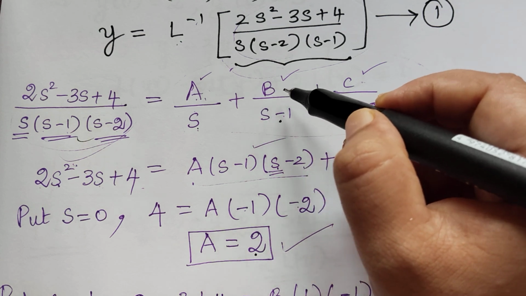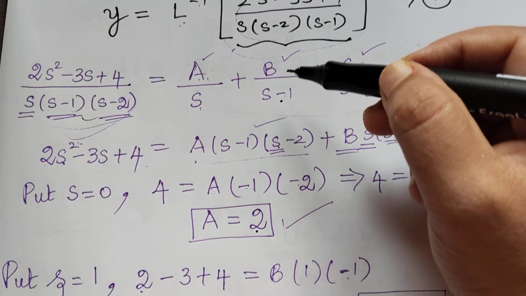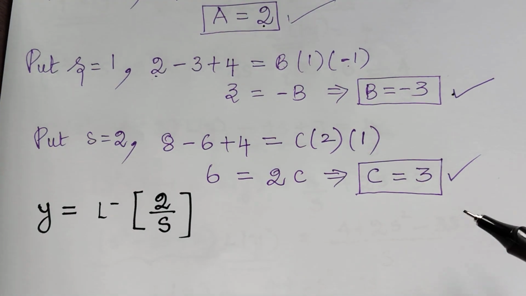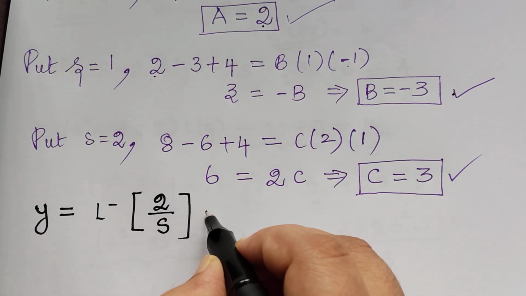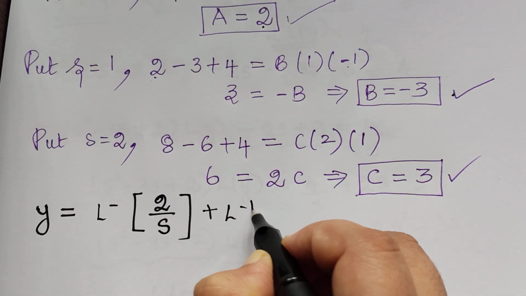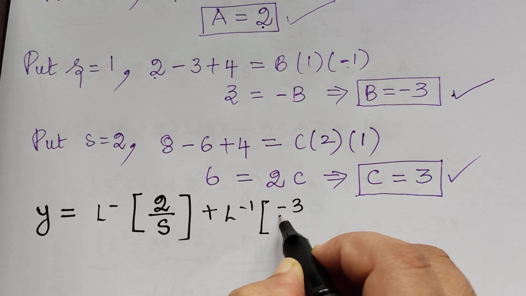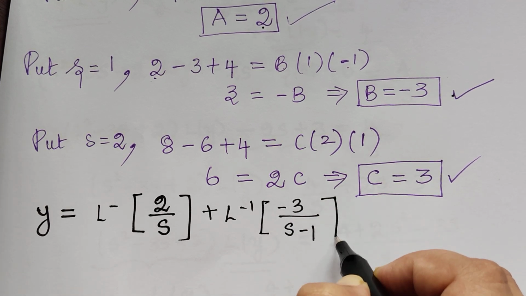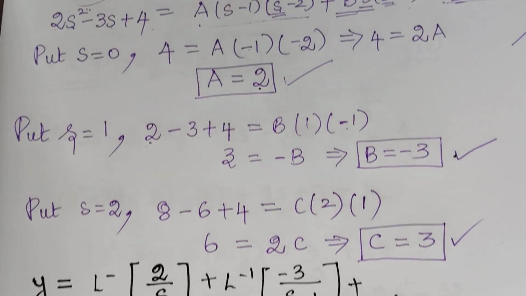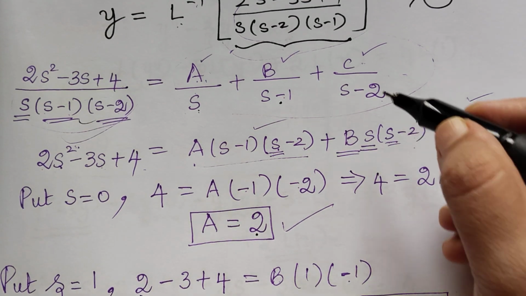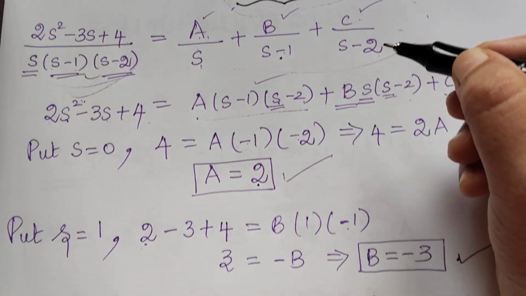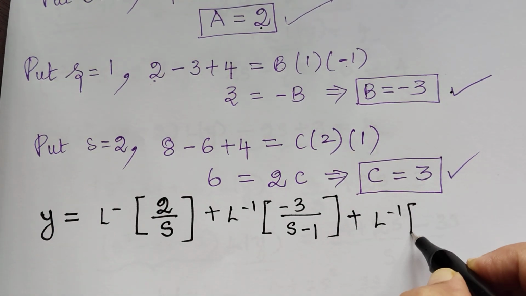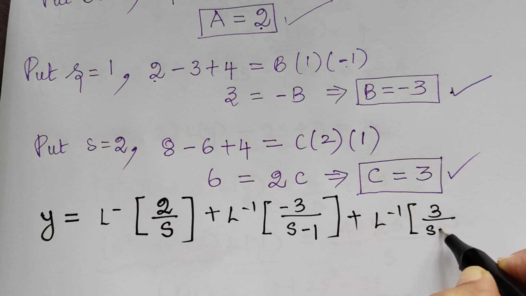So Laplace inverse of minus 3 by s minus 1. Okay, plus now the next term is c by s minus 2. What is the value of c? c is 3. So Laplace inverse of 3 by s minus 2.